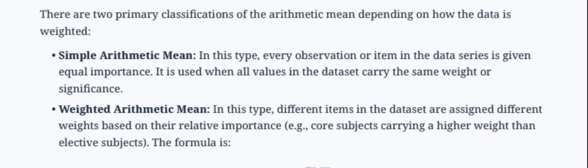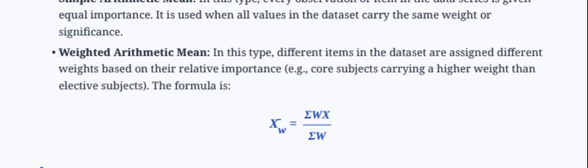For calculation of weighted arithmetic mean, XW is equal to sigma Wx upon sigma W, where W is denoted as weight. Based upon that, we will discuss the numerical questions later. Today, we are going to talk only about the theoretical part.